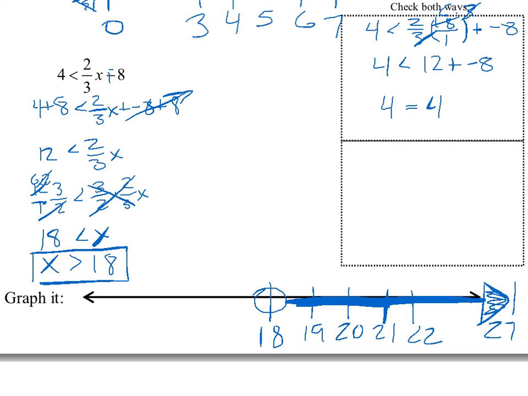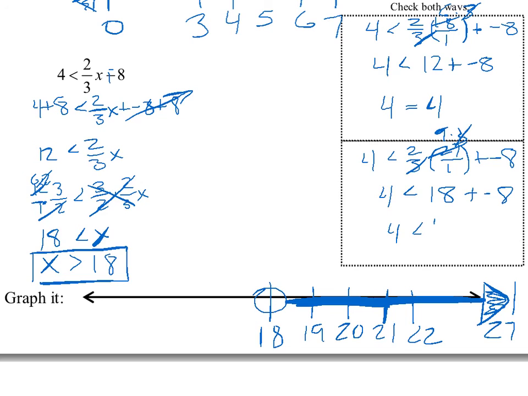Okay, she's thinking about divisibility rules, and so what I think I hear her saying is that she knows that she's going to be having to deal with this 2/3. And it makes it a lot easier if you can do this cancellation. And so you get a whole number here. I think she was thinking even further ahead that 18 is a really nice number to work with -8 because it comes out to a nice even 10. So we get 4 is less than 10.